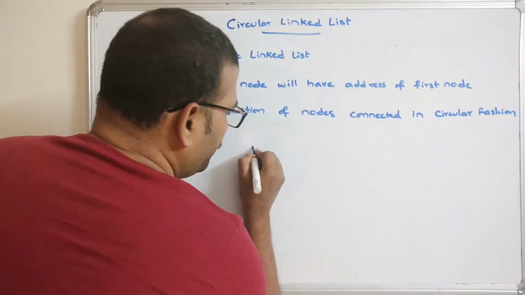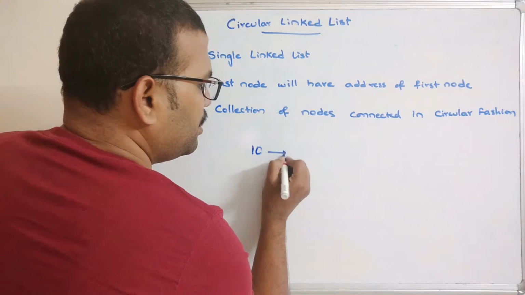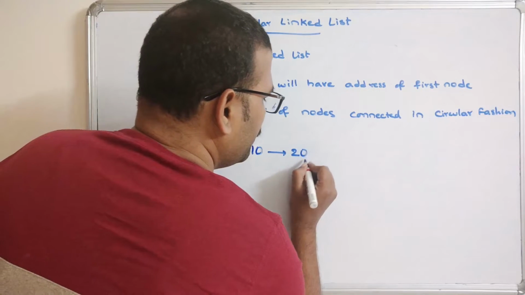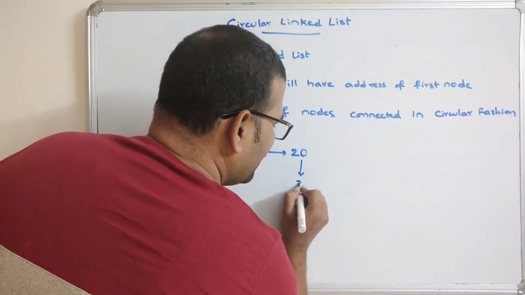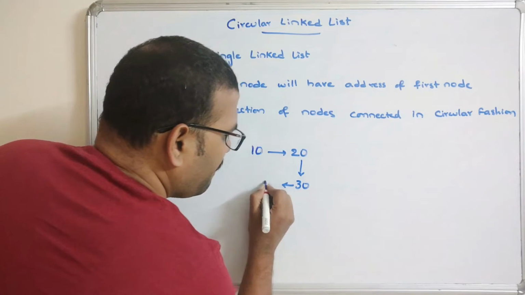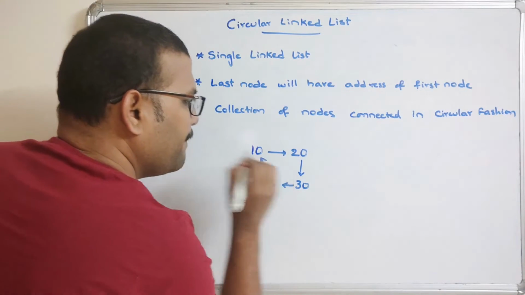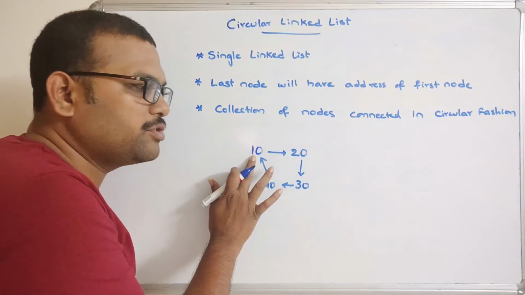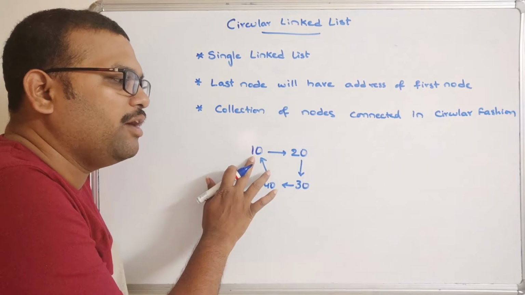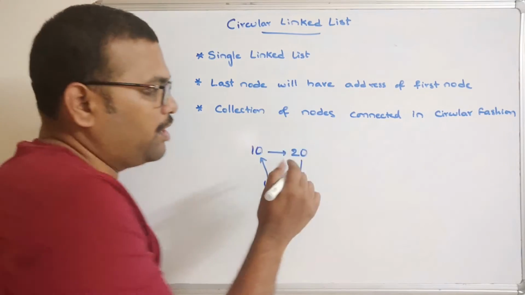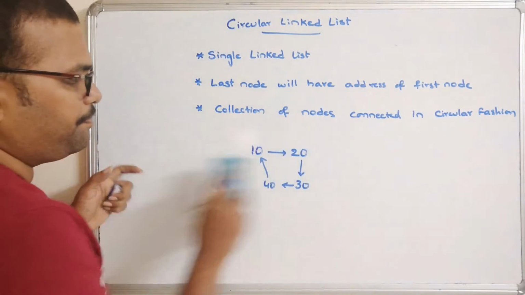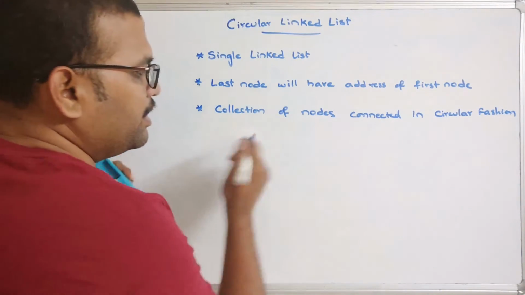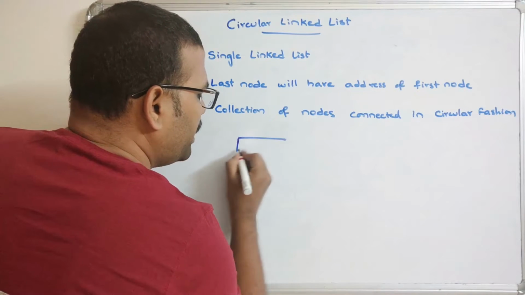For example, if you take 10 and the second node is 20, 30, 40. So this is a circular list. The address of this 10 will be holding the next node. Simply we can say the node will be having two parts.